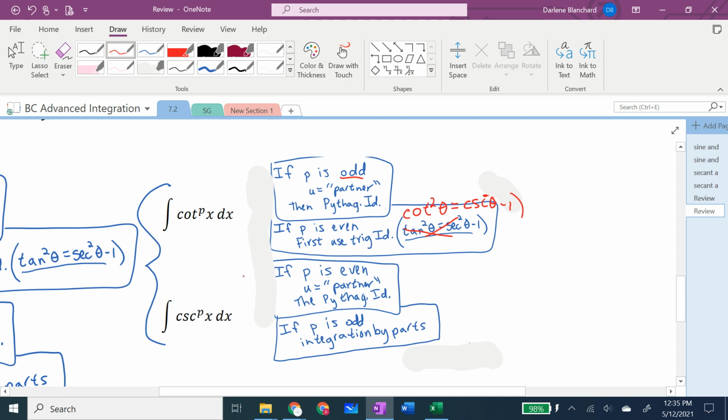Cosecant. If your exponent on cosecant is even, who is its partner? Cotangent. And then from there, the trig identity that you're focused on is this one instead.